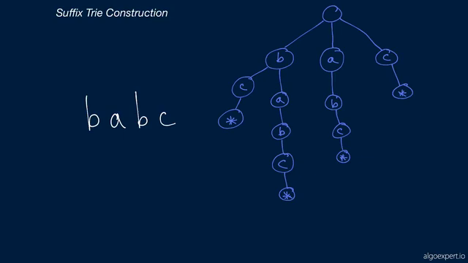If we're given a string like this one, BABC, let's put it at the bottom right here. The way that we can build out our suffix tree is just going to be using a bunch of hash tables, or a bunch of dictionaries in Python and objects in JavaScript, where every node in the suffix tree is going to be a key in a hash table pointing to another hash table.